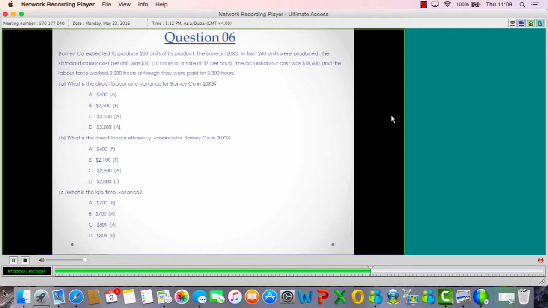Now here they have given that the standard labor cost per unit was $70, that is 10 hours at a rate of 7 per hour. So per unit it is 10 hours, and for 260 units it should be 260 into 10, which gives me 2,600 hours. But remember, 10 hours means productive time, no idle time here.